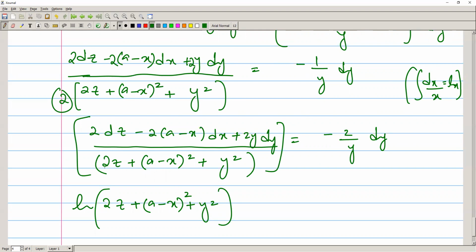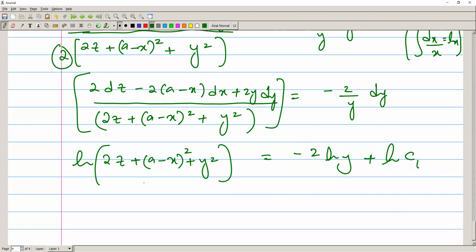So here it's 2z, and the derivative of 2z is 2dz, then plus a minus x whole squared, its derivative will be 2 multiplied by a minus x multiplied by minus 1. So this is minus 2 multiplied by a minus x dx, plus then for y squared, it will be 2y dy, and here it will be minus 2 ln y plus ln c1, we can call it ln c1.